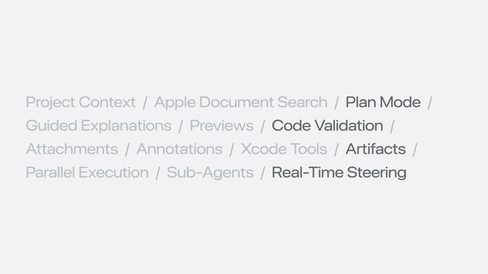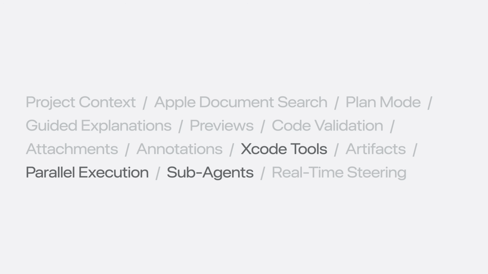Once we had a prototype feature, we used Xcode's build, preview, and test tools to verify our work. When we refined the UI, we attached images to express ideas, inline annotations to guide changes grounded in source code, and previews to verify the experience. And finally, we orchestrated larger goals, leveraging tools for localization and accessibility, with subagents working in parallel.